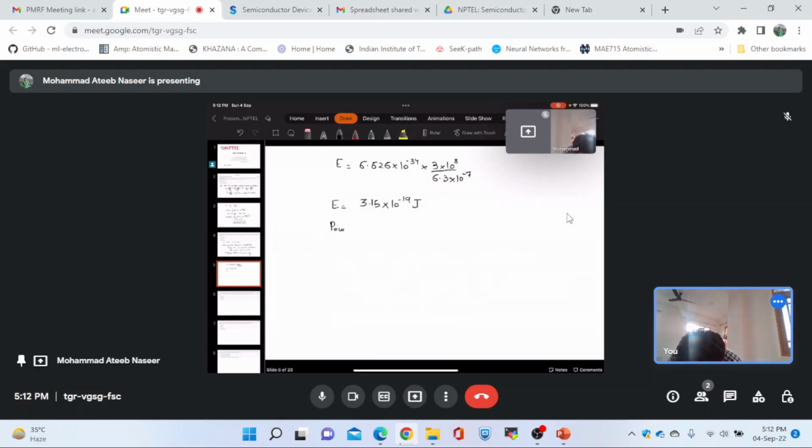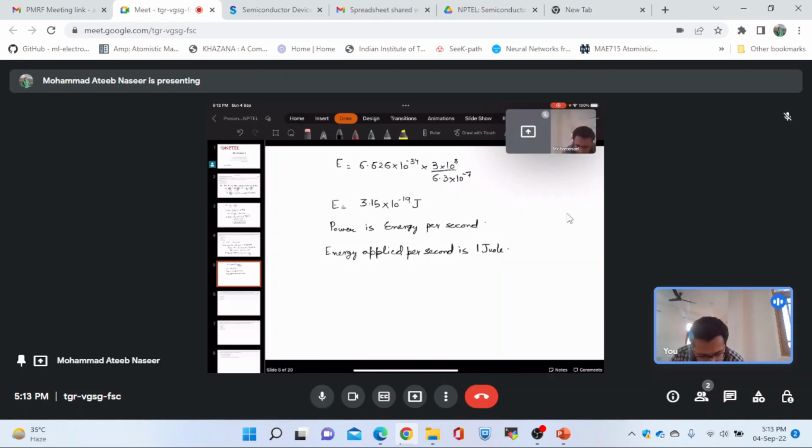So since we have been given the value of power, which is 1 watt, the energy applied per second is simply 1 joule.